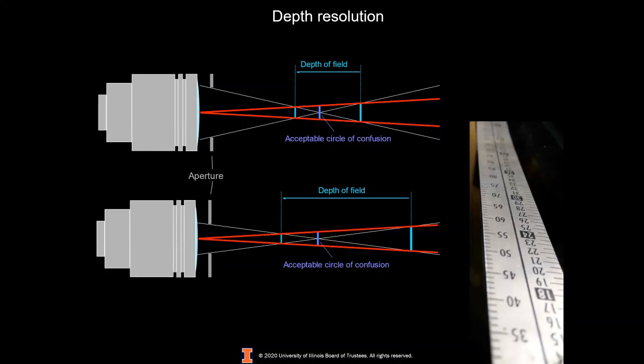The depth of field is shorter with higher numerical apertures, and therefore higher numerical apertures will give us a better accuracy in the determination of the axial position of the object, or a better depth resolution. We can use this to map the topography of the object.